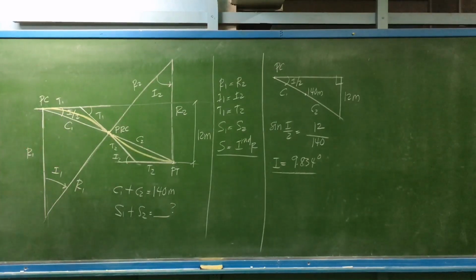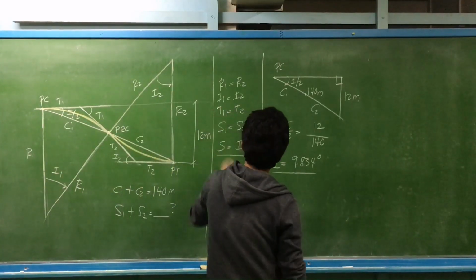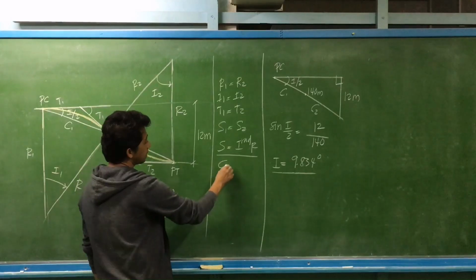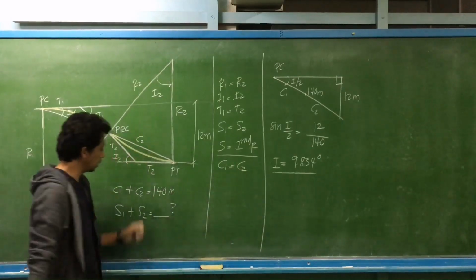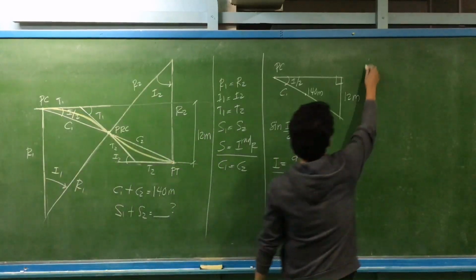So, 9.834 degrees. Now, since C1 is the same as C2, identical, they are equal, we can get the chord of one curve.